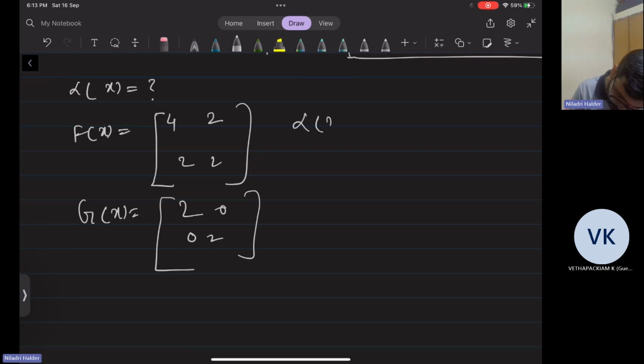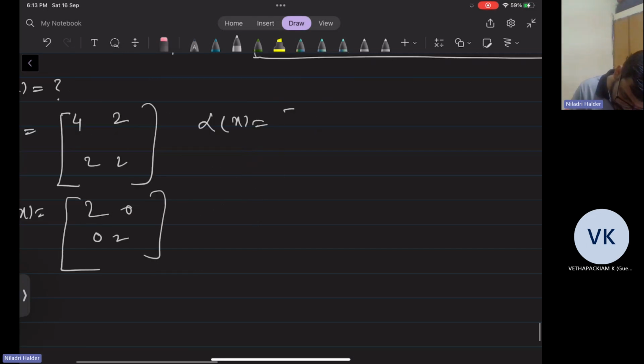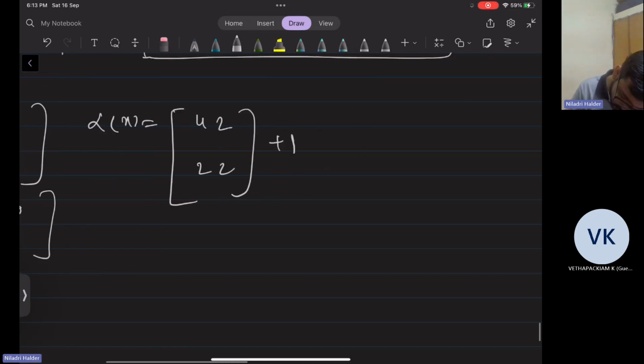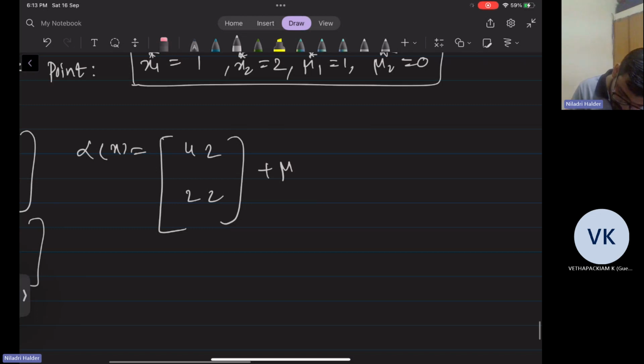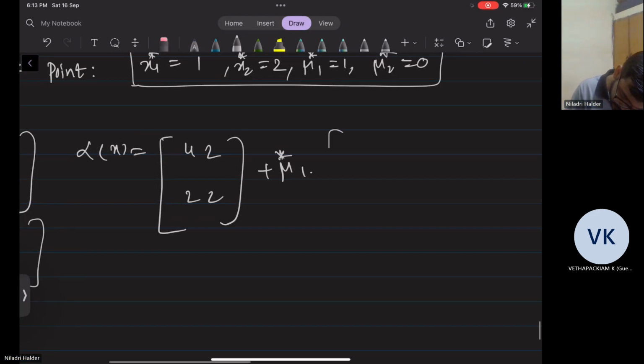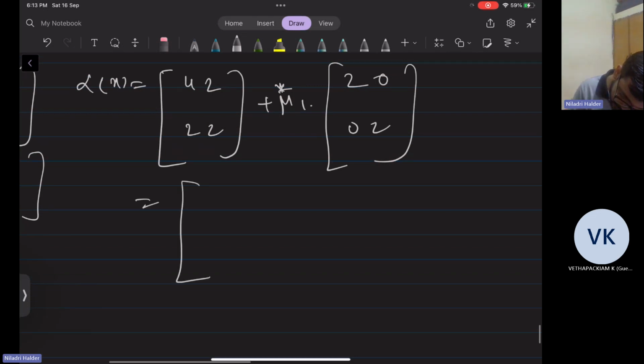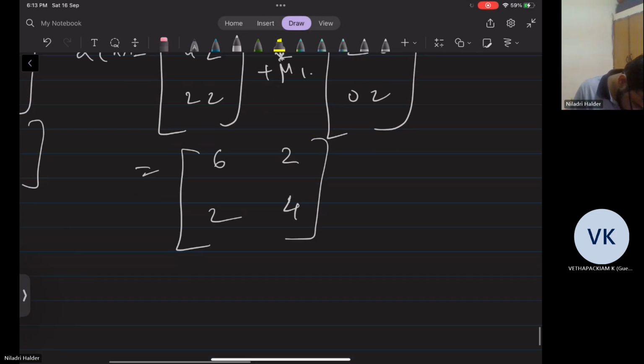So the Hessian of L of x is equal to 4, 2, 2, 2 plus mu 1 into this thing 2, 0, 0, 2. If you do that, it comes to 6, 2, 2, 4.